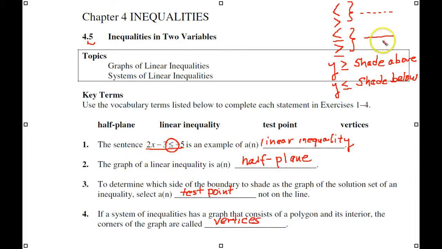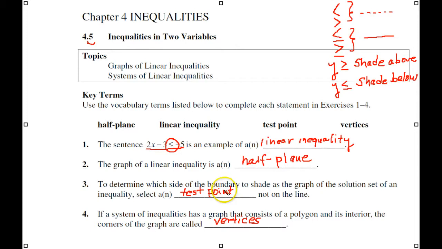Now, once you make a line, you are dividing your rectangular coordinate plane into a half plane where half of it would be shaded. Often, to determine where you shade, in addition to this rule over here, we can also use what is called a test point.